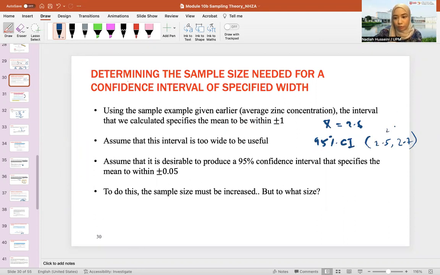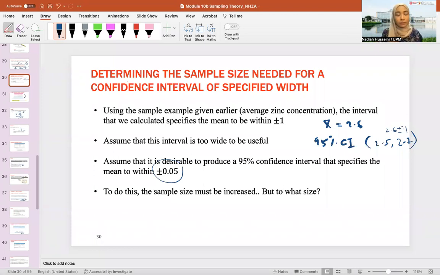So our mean was 2.6, plus or minus 0.1, which gives 2.7 and 2.5. It's the same thing. Assume that this interval is too wide to be useful. Assume that it is desirable to produce a 95% confidence interval that specifies the mean to within plus or minus 0.05. So this is super small compared to plus or minus 0.1.